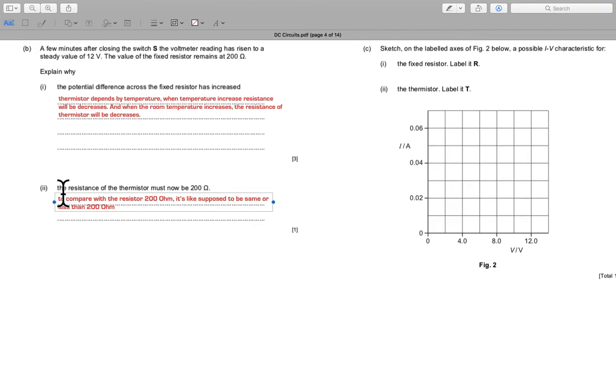So the maximum resistance of this thermistor must be the same as or less than the external resistor, which is 200 ohms.